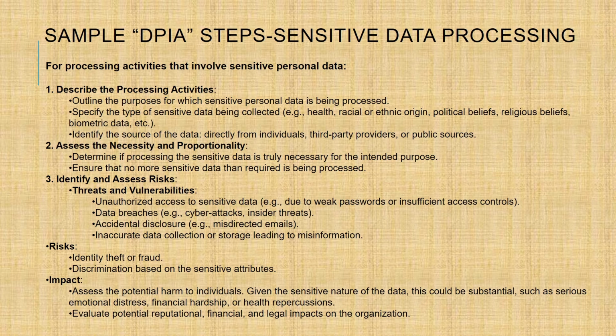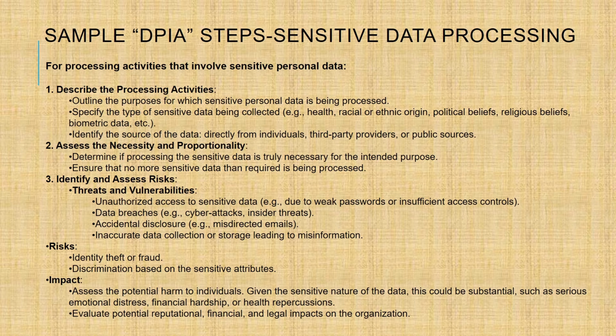Unauthorized access to sensitive data. This is the threat. What is the vulnerability? For example, weak passwords or insufficient access controls. Data breaches due to cyber attacks or insider threats. Accidental disclosure, for example, misdirected emails. Inaccurate data collection or storage leading to misinformation.